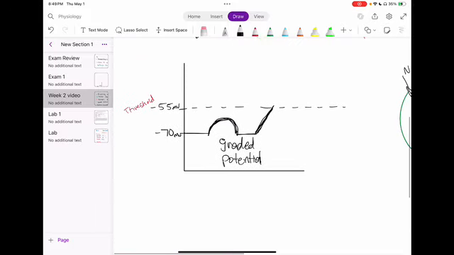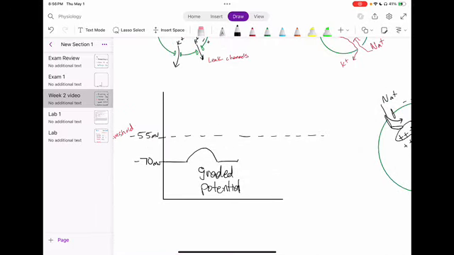So, we'll describe this. So this is called repolarization as it comes up. This is our rising phase, with our depolarization.